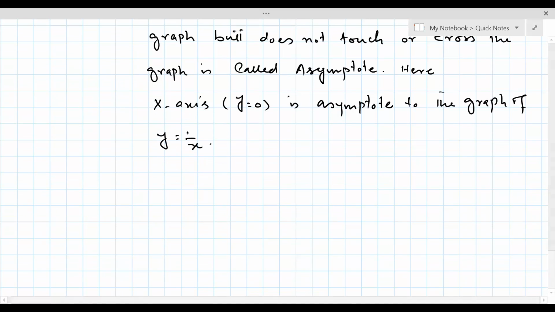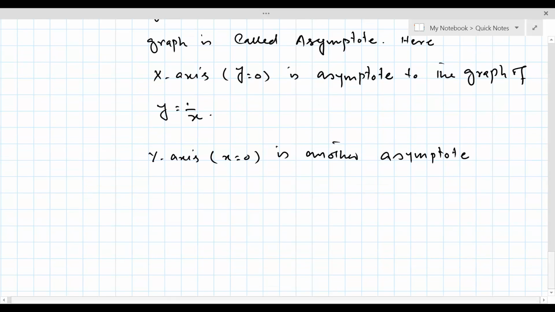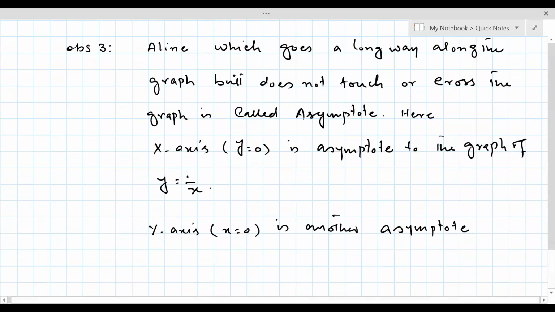And similarly, the y-axis, for which the equation is x equal to 0, is another asymptote, which means this y-axis just stays along the side of the graph. It doesn't cross the graph, or even touch the graph. So both the x-axis and y-axis are asymptotes.